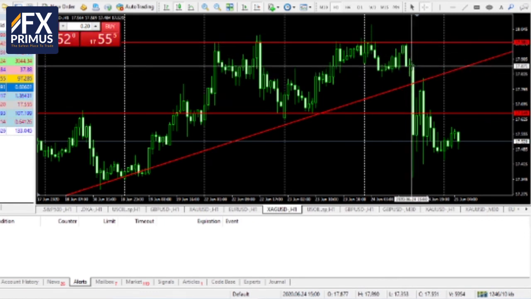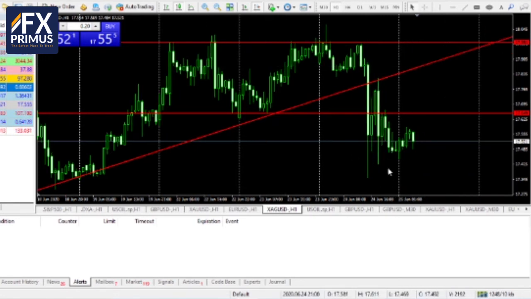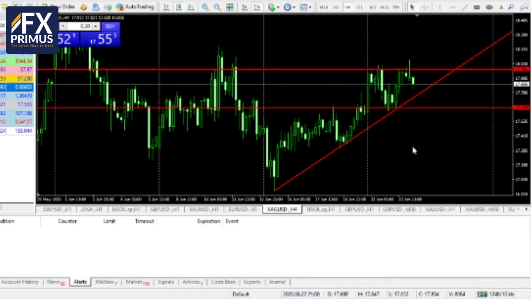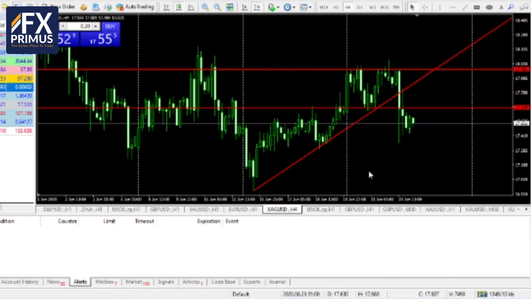And at 8 p.m. local Singapore and Malaysia time, it goes down from 17.87 all the way to a low of 17.35. Currently it is also trying to consolidate and decide where is the next direction for silver. So this was silver.